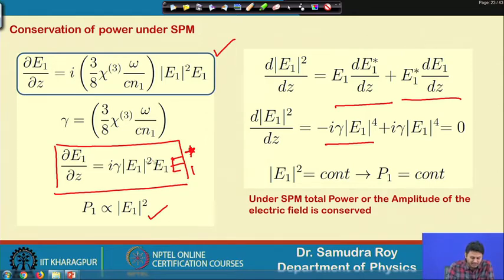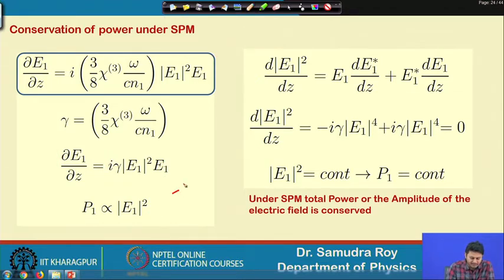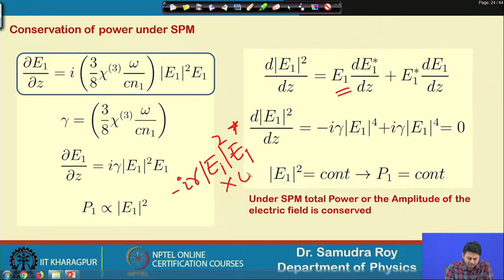In a similar way, the next term will be simply plus i gamma mod of E1 to the power 4. If I add these two things, we will have 0. So, that means mod E1 square is constant, so P1 is constant.